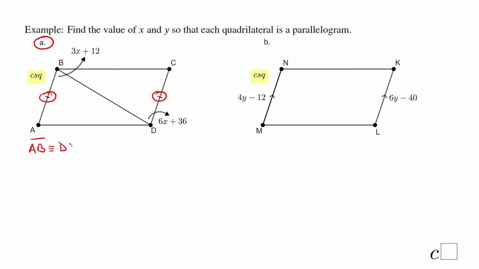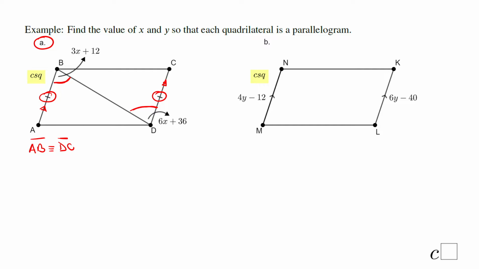So now what else do we need to know in order to prove that this quadrilateral is a parallelogram? We should know that these two sides are also parallel. Okay, so how can we prove these two sides are parallel? If these angles are congruent, then we use the converse of alternate interior angles, and then we know AB is parallel with DC.